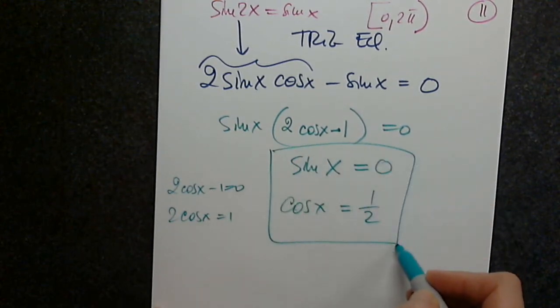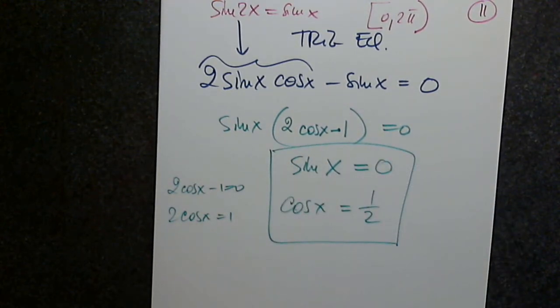This is far from being done. We only solved the equation using the zero product principle, and we got two new equations, sine x equals 0 and cosine x equals 1/2.